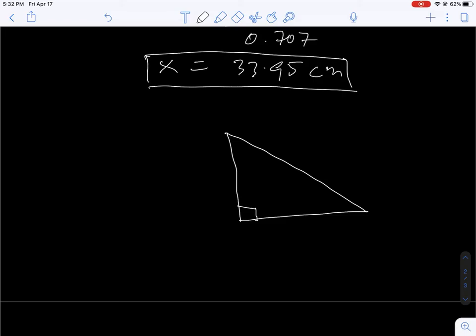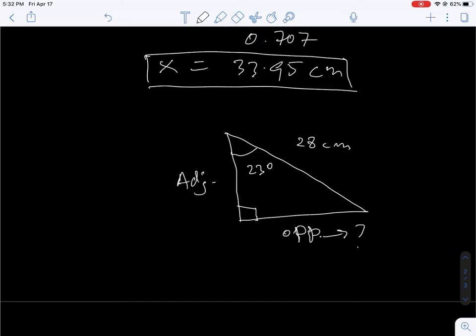Let's say this time I will just switch around the angles, and let's say this angle is given as 23 degrees, and hypotenuse is given as 28 centimeters, and we are asked to find opposite side length.